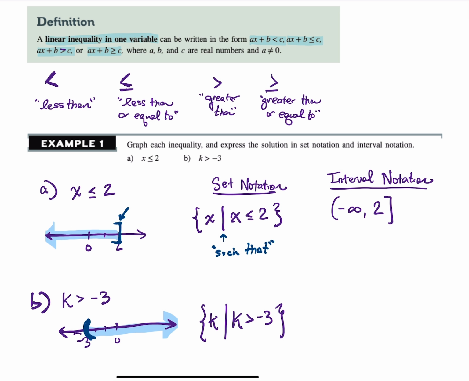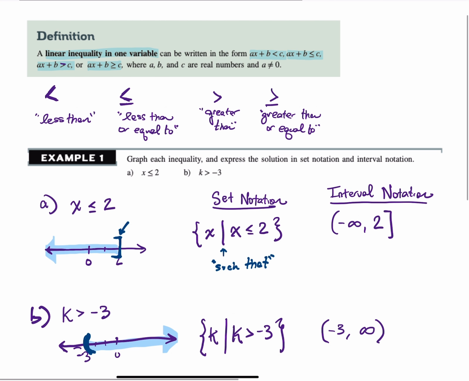And then in interval notation, I would say starting at negative 3 and going off to positive infinity this time. So those two examples, one including the endpoint and one not including the endpoint, show us this different notation.